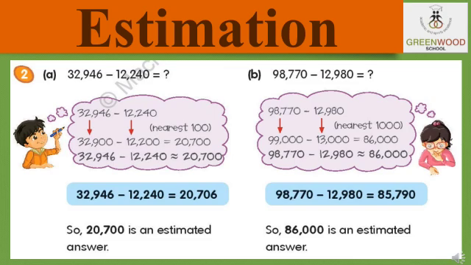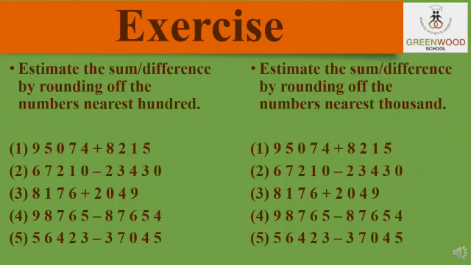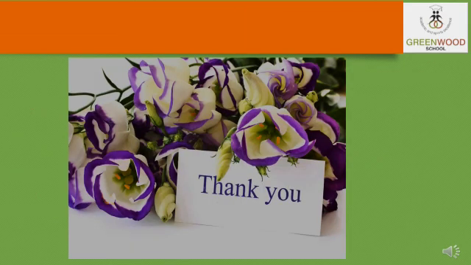So there is not much difference between the numbers. So in our day-to-day life, this estimation method becomes an easy one. Now, on the basis of estimation and rounding of the numbers to the nearest 100 and to the nearest 1000, solve the following exercise. Thank you.